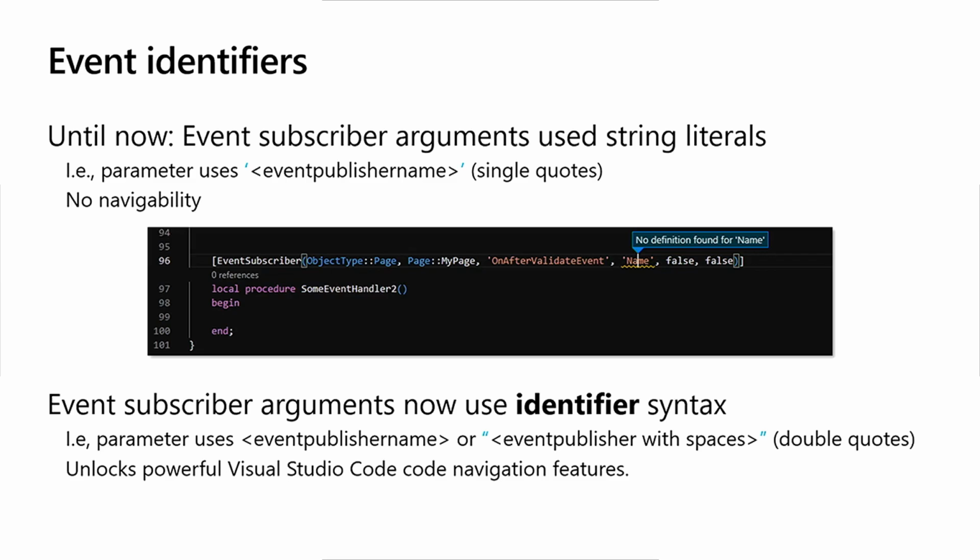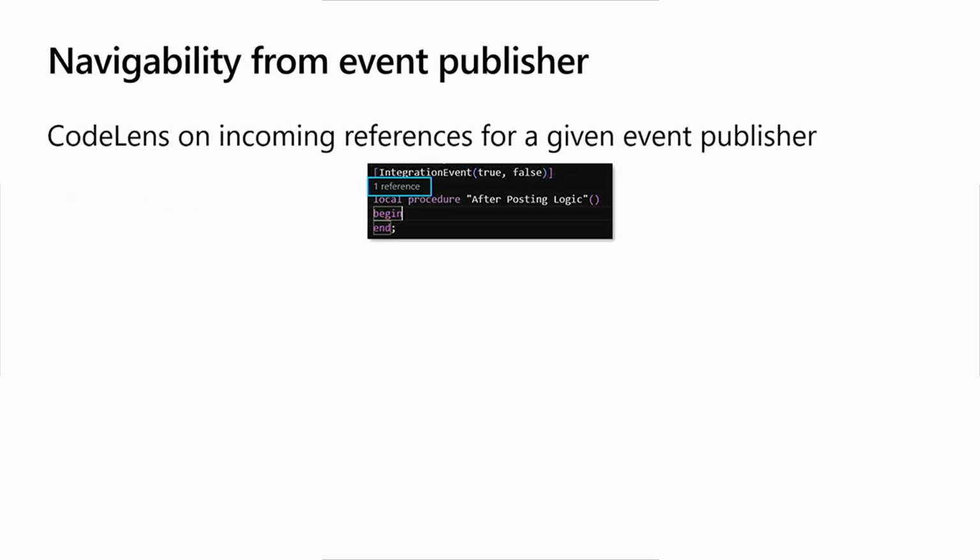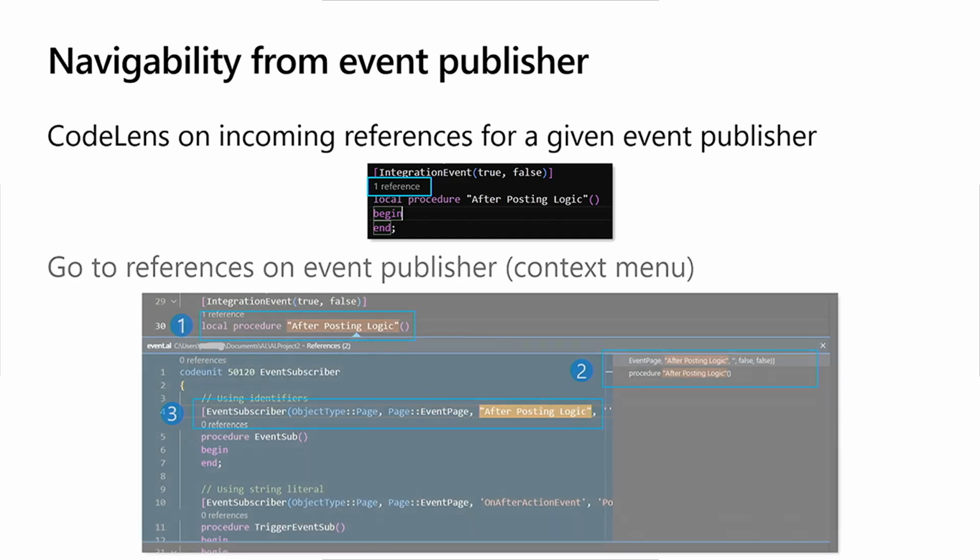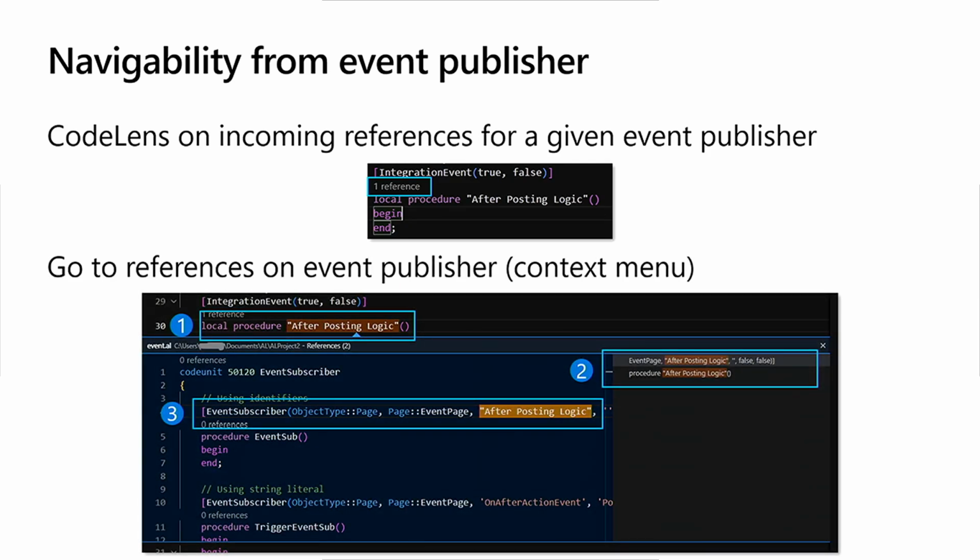So we made it an identifier, which unlocks all of the greatness we have in Visual Studio Code for references. One of those great references is the code lens. When you change your event subscriber or your event publisher into an identifier, you can actually see who's using it by clicking the link in references.